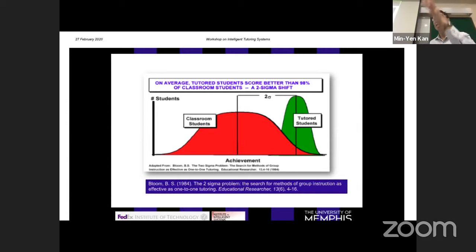If you're in statistics, you know it's a big deal to improve the achievement of the classroom students by 2 standard deviations. So now you know why in Singapore we have a very booming home tuition business. There's evidence to show that personal tutoring helps, because you look at the research evidence, a 2 sigma improvement, good one-to-one tutoring.